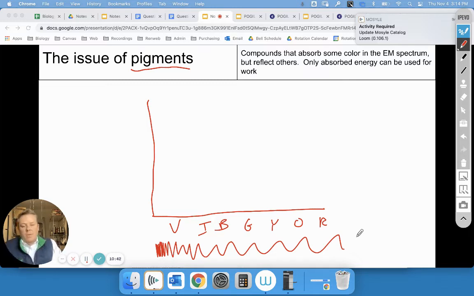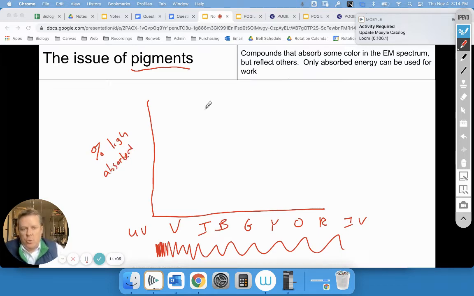So red colors have longer wavelengths. Violet and blue colors have a shorter wavelength light. Just to remind y'all, past this one we get infrared and then microwaves and radio waves, and past this one we get ultraviolet. On the x-axis, what we're going to measure is the percent light absorbed.